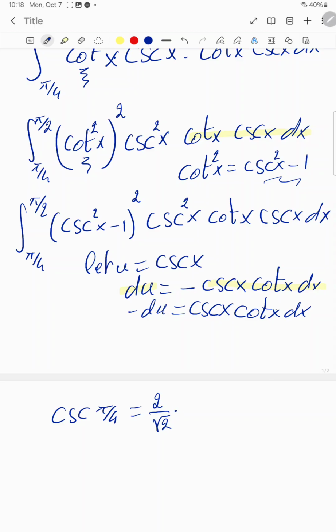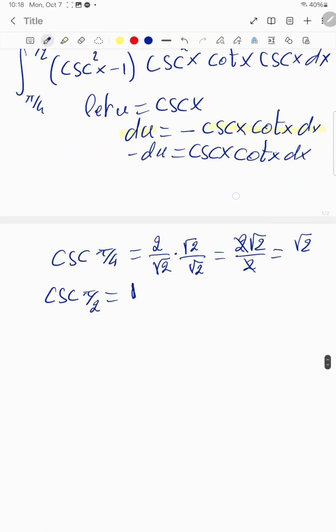But I want to multiply it by 1, and my 1 I want to write in an intelligent way, which is square root of 2 divided by square root of 2. So this becomes 2 square root of 2 divided by 2. I can simplify by 2, it becomes square root of 2. And cosec of pi over 2, I know the sine of pi over 2 is equal to 1. 1 divided by 1 is 1.